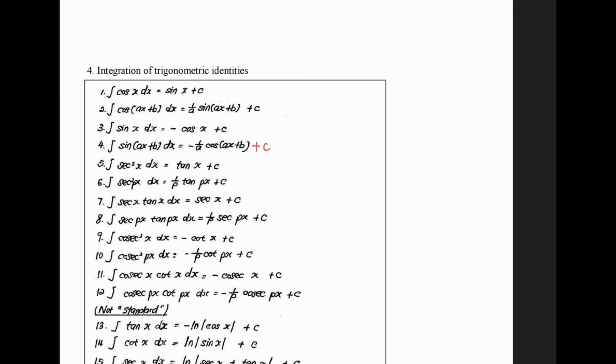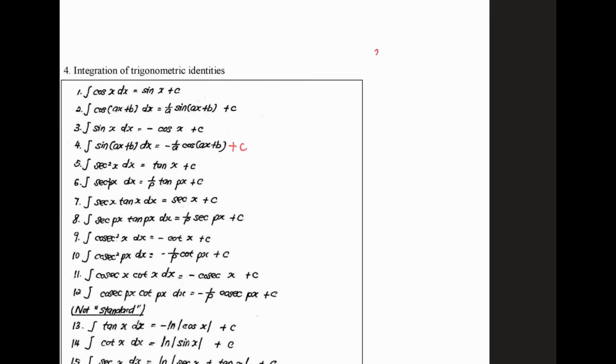Okay, now let's see formula. Based on formula number 2, I can give an example from page 13, number 1. So they want us to integrate cos(2 pi over n x) dx.